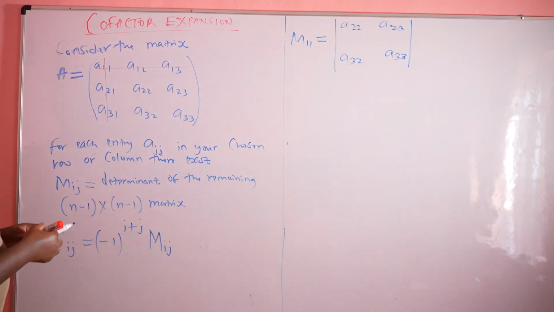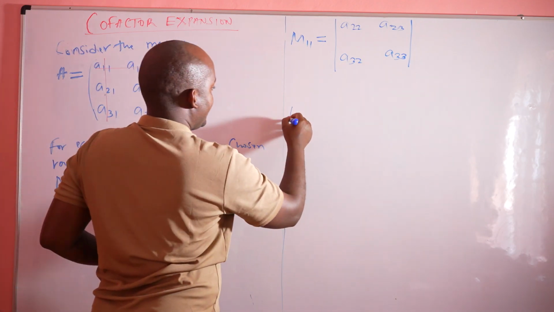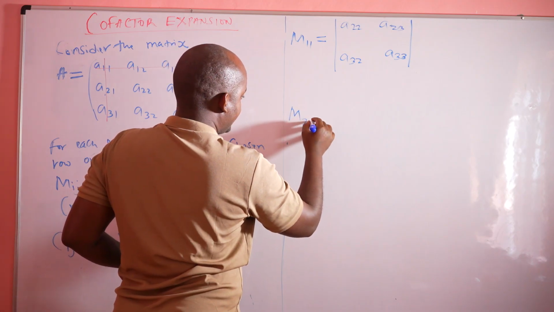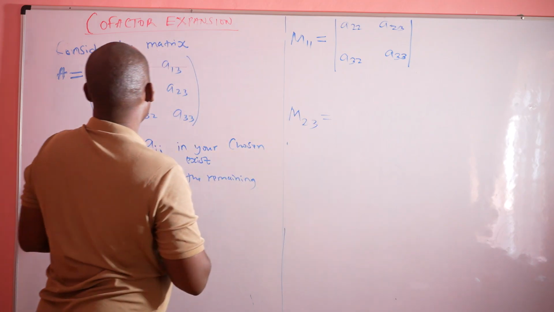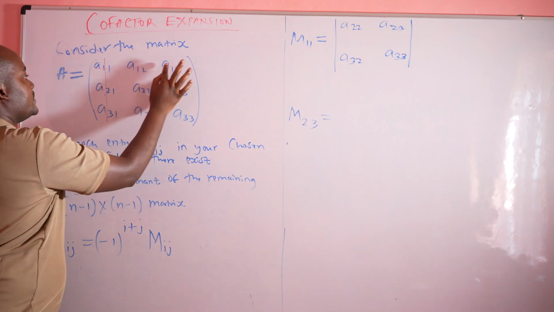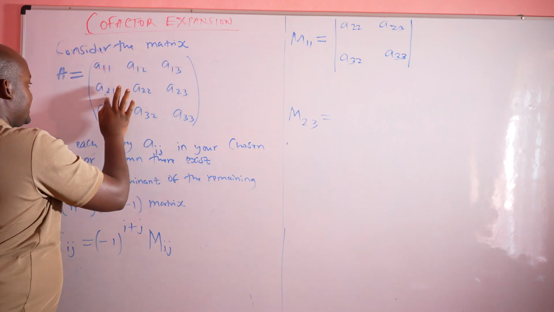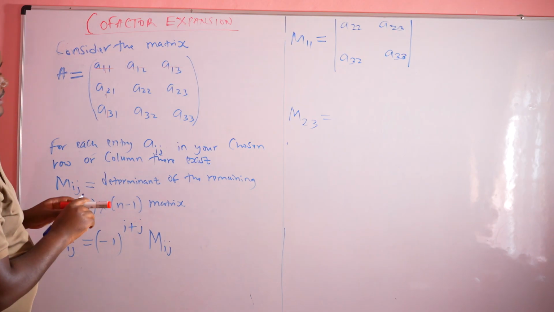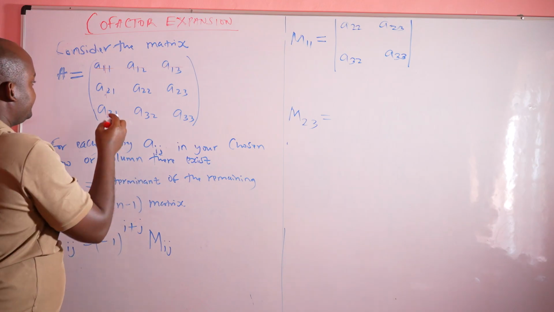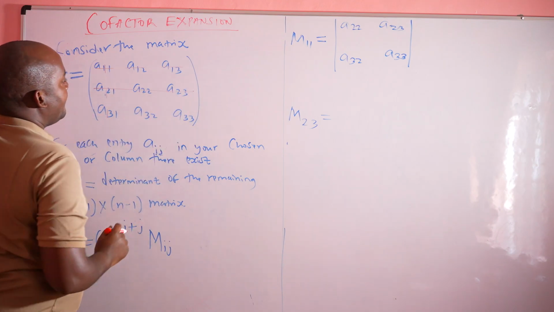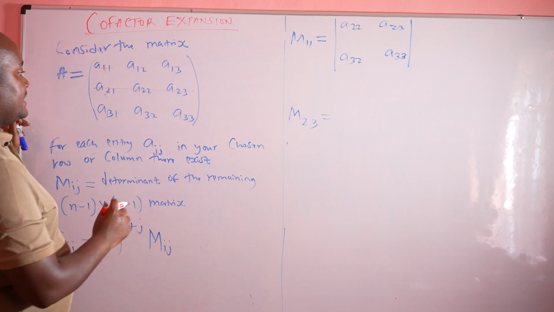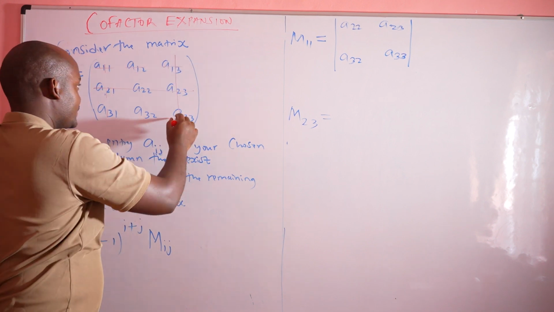So for example, if we have M23, this will be equal to, for this case we delete the second row, which is this one, and the third column, which is this one.